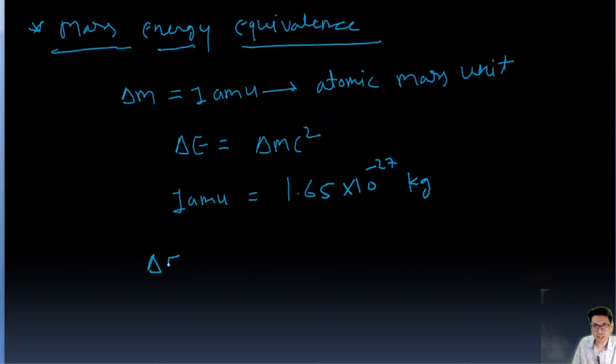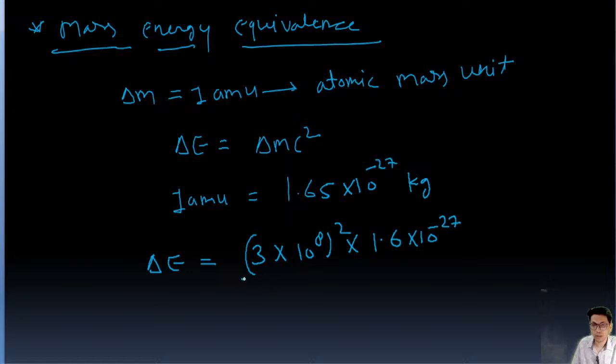So delta E's value is going to be 3 into 10 to the power 8 whole square, that is C square, into delta M. The delta M value we have taken is 1.6 into 10 to the power minus 27 divided by 1.6 into 10 to the power minus 19.